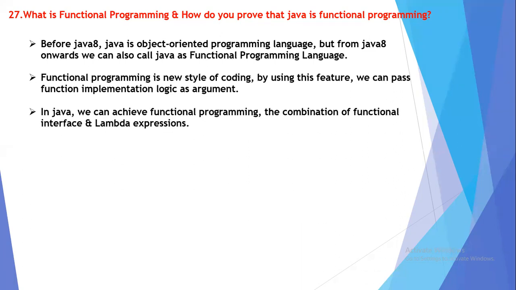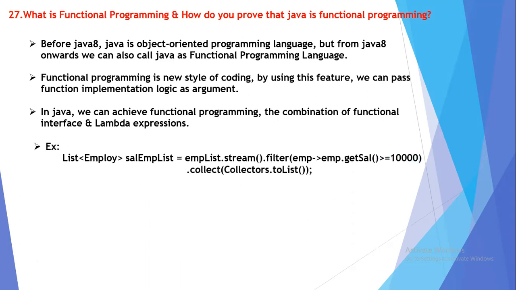In Java, we can achieve functional programming through the combination of interface and lambda expression. So how do you prove that Java is functional programming? Suppose we have a list of employees. The filter method takes a predicate, so to filter we need to pass a predicate lambda expression implementation.